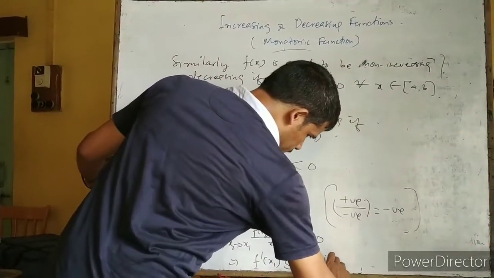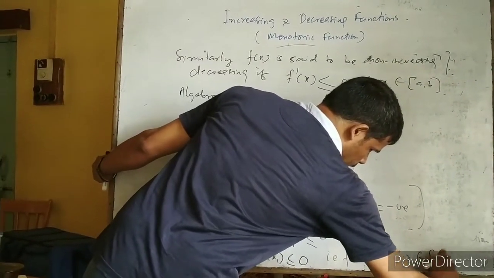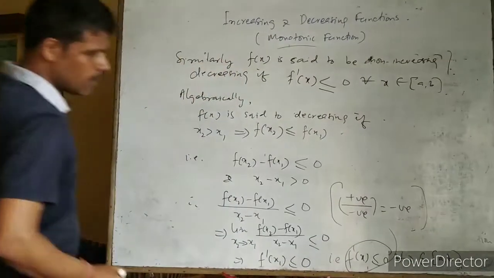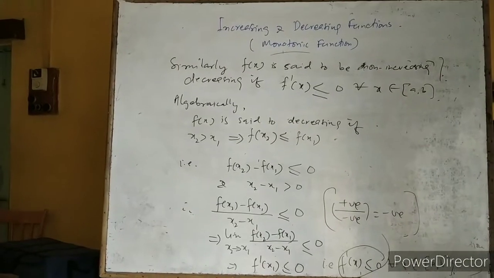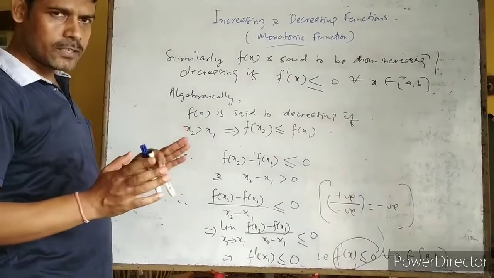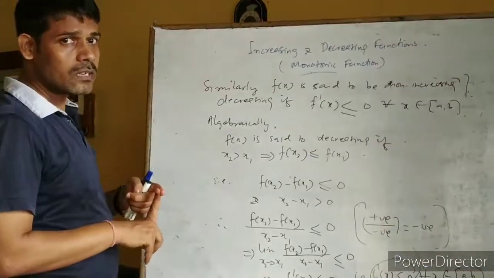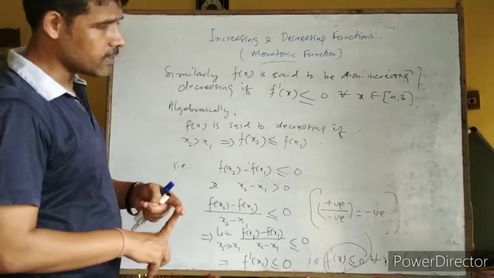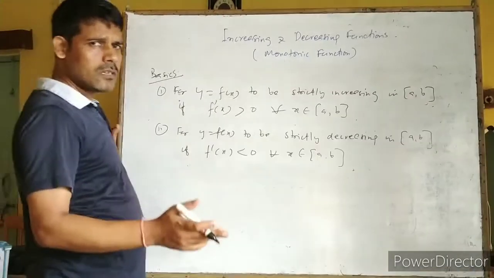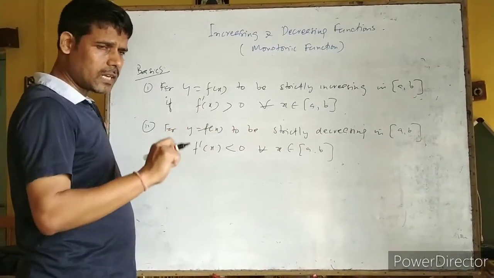So that is f dash x is less than or equal to 0 for all x in A. So this is the condition for a decreasing function. Well, non-increasing, so-called decreasing, and non-decreasing, so-called increasing. So far it was all about connectivity of definition from increasing to a calculus approach.